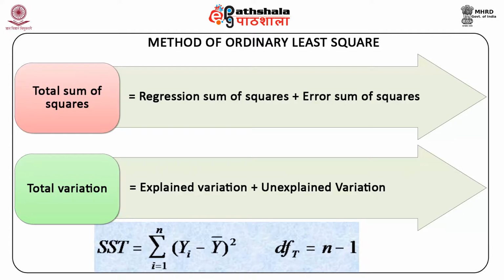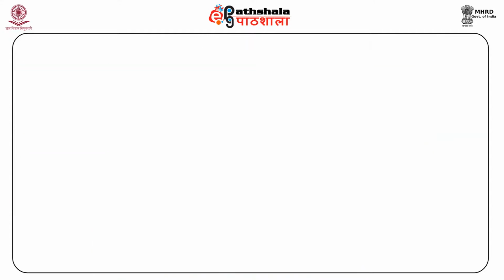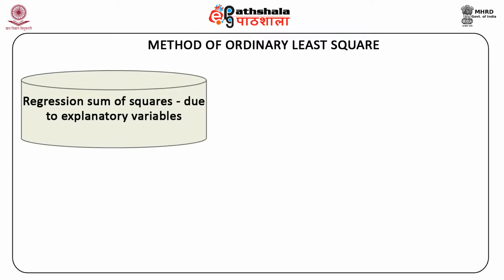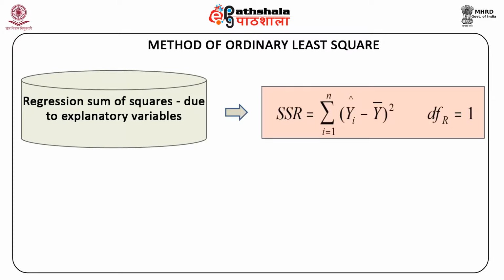DFT is equal to n minus 1. Total sum of squares, total variation. Regression sum of squares, explained variation due to explanatory variables. SSR is equal to summation i varying from 1 to n (yi hat minus y bar) the whole squared, with degrees of freedom equal to 1.